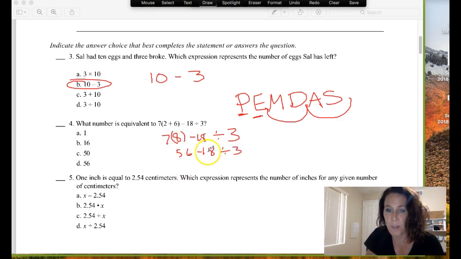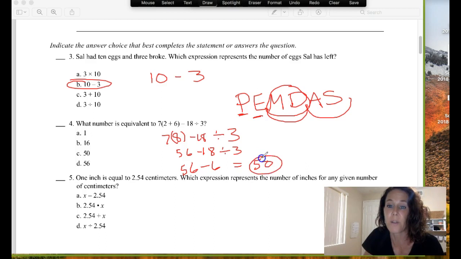Now, the question is, do I subtract 18 from 56 and then divide that by 3, or do I do this division and then this subtraction? Well, I need to do my multiplying and dividing before I do my adding and subtracting. So I'm going to go ahead and do this division first. I'm going to go negative 18 divided by 3, and that's going to give me negative 6. So I'll have 56 minus 6, which gives me 50.